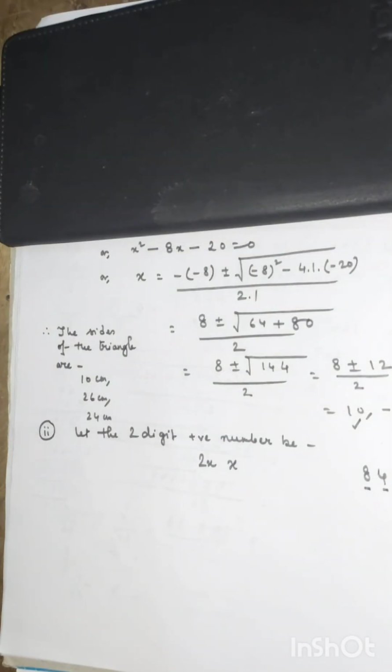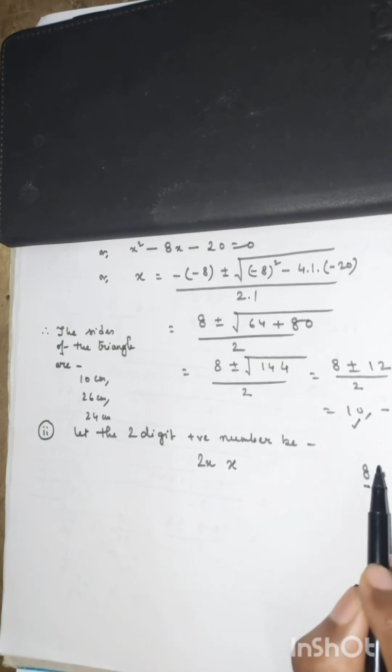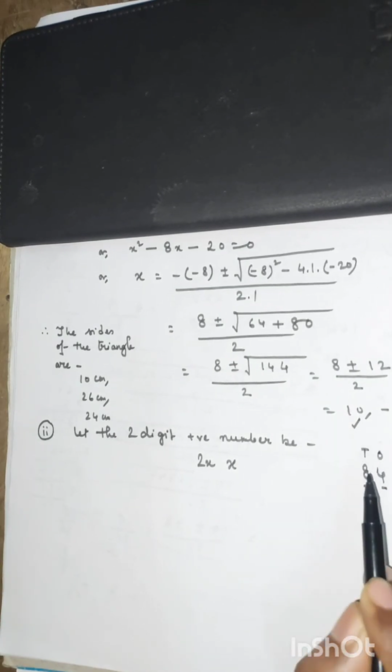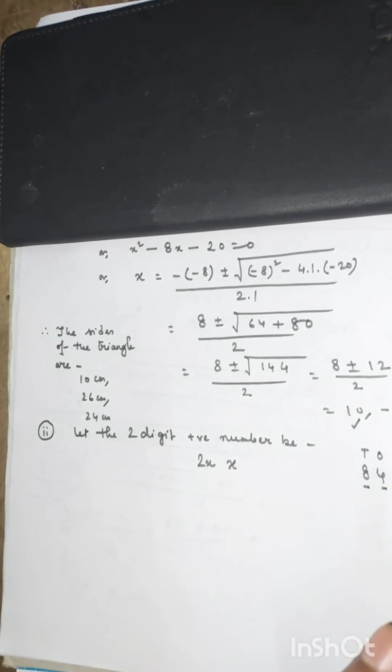Yes, so the digit in tens place is twice the digit placed in ones place or units place. So this is how the number looks.